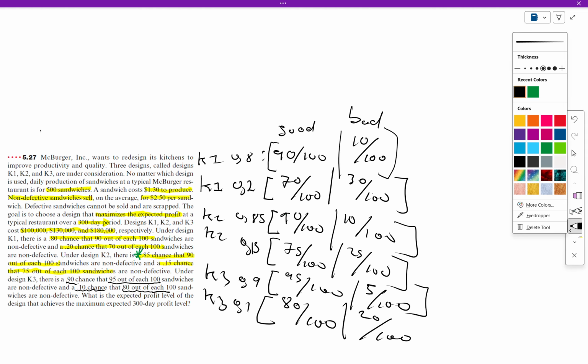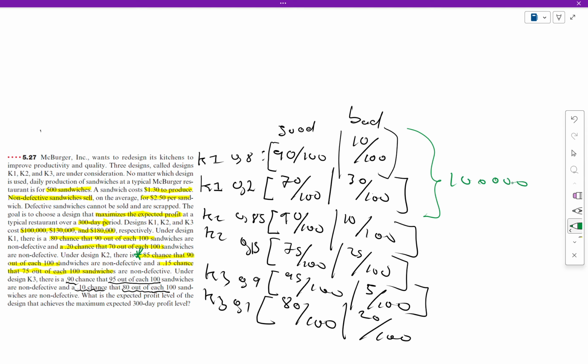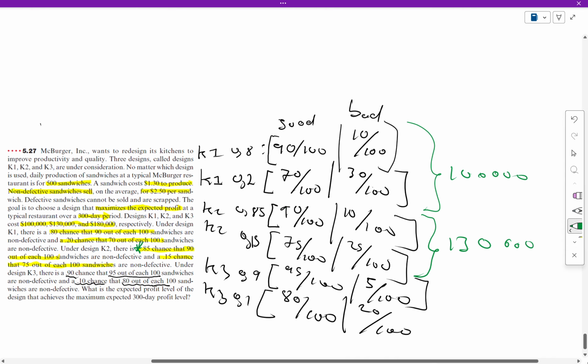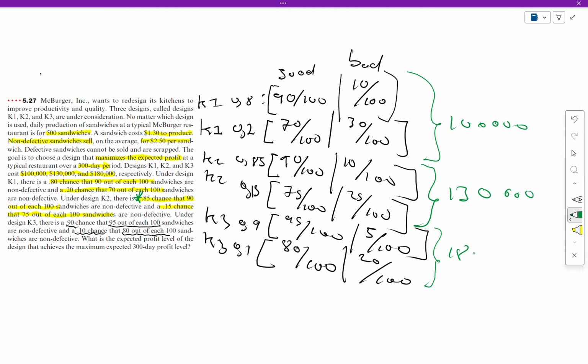Then the cost for K1 is 100,000, then cost for K2 is 130,000, and the cost for K3 is 180,000.